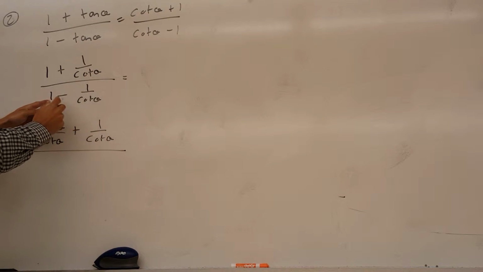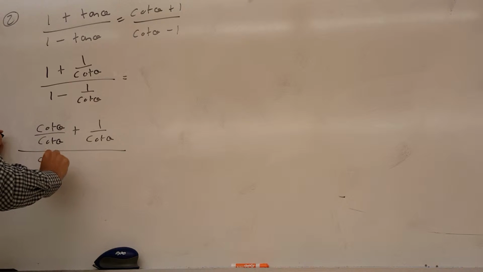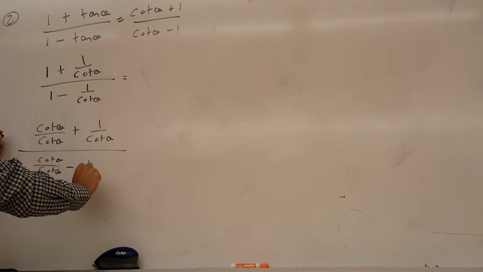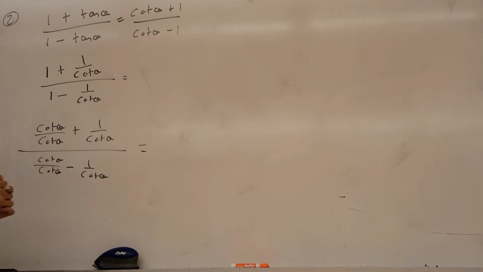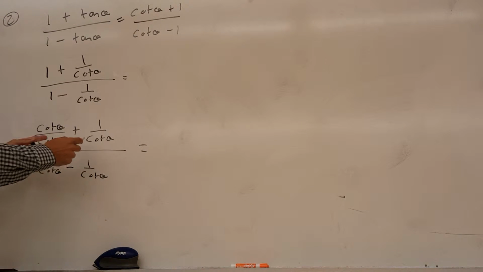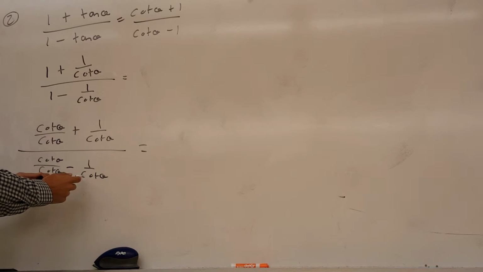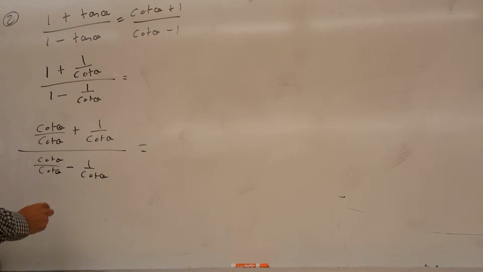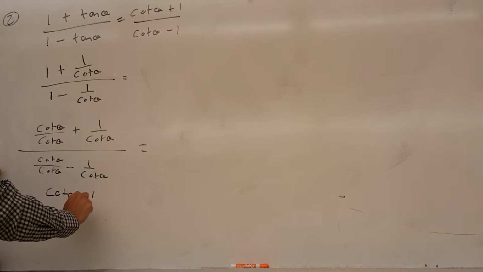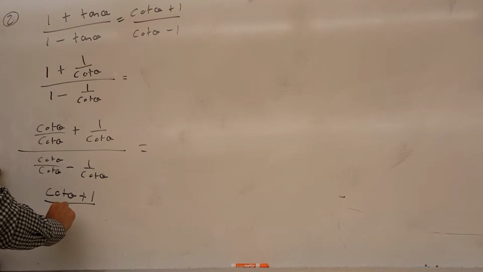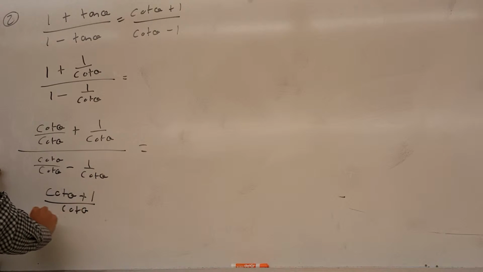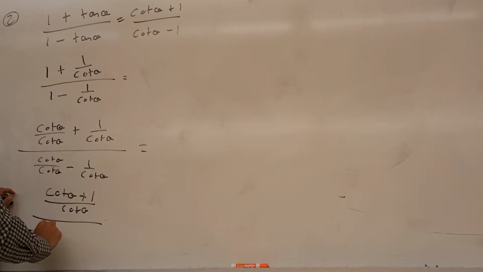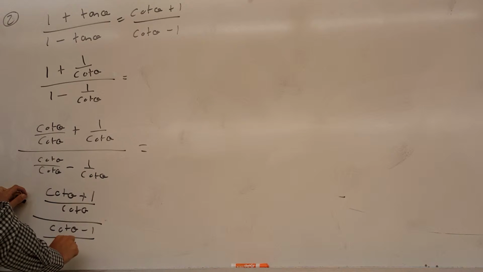All over, same thing here, cotangent theta over cotangent theta minus 1 over cotangent theta. Okay? Same denominator, add fractions, same denominator, add fractions. Cotangent theta plus 1 over cotangent theta, all over cotangent theta minus 1 over cotangent theta.